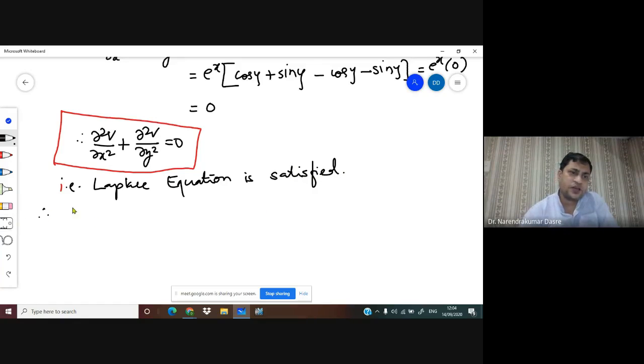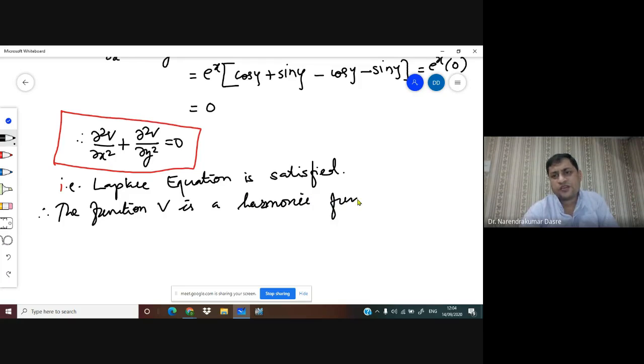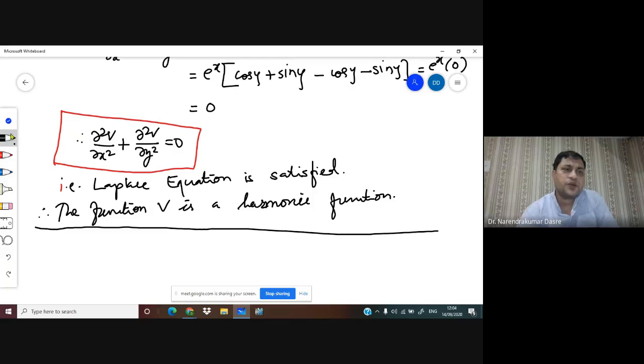When we have the Laplace equation satisfied, we can say the function is a harmonic function. So V is going to be harmonic.